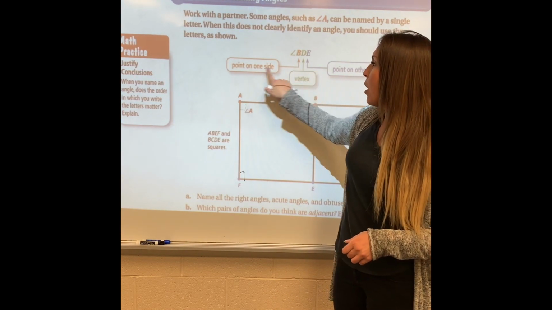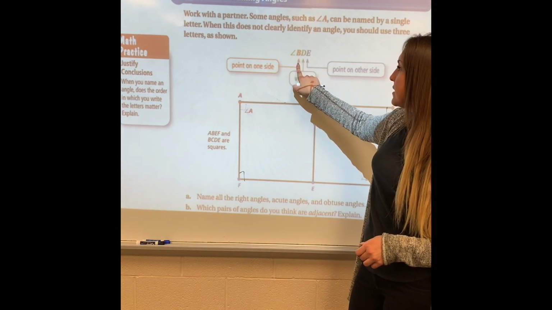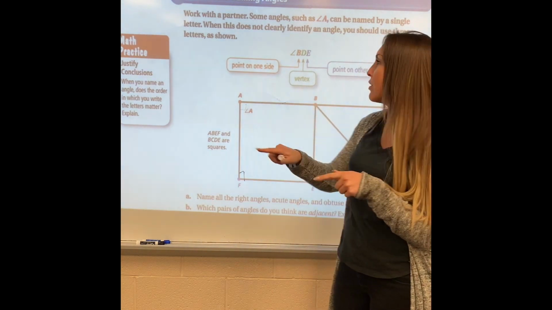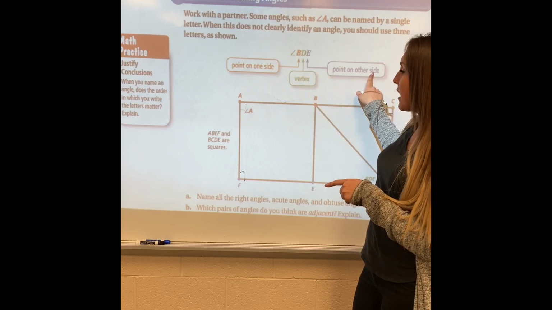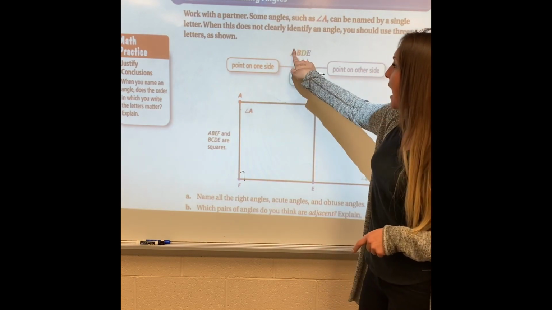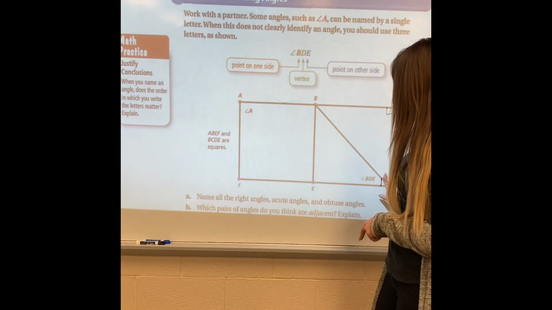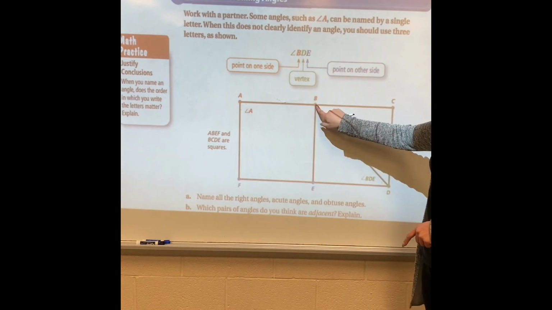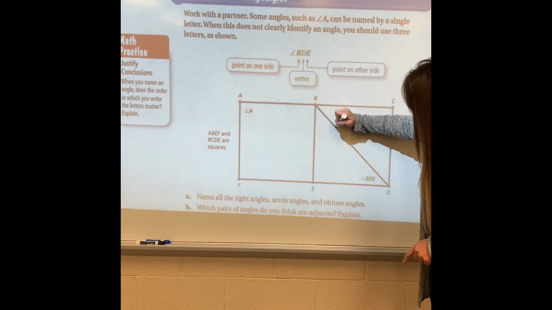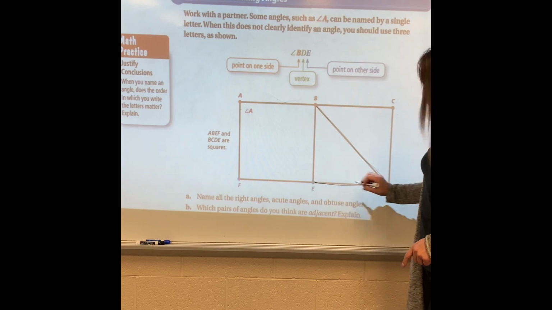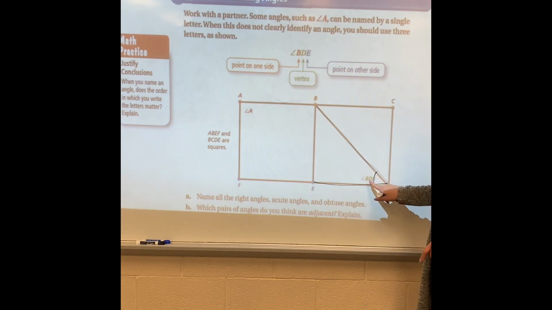So I've got a point on one side, the vertex, remember, the vertex is where two lines come together, and E is the point on the other side. So if I was looking at angle BDE, I would have to find B, go down to D and over to E. So angle BDE is an acute angle where D is the vertex.